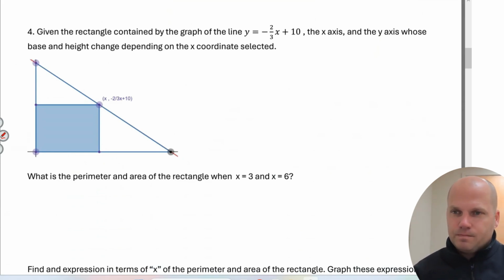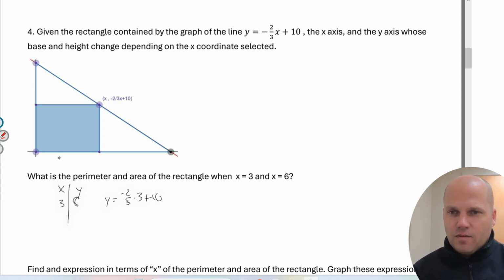This question. We have the rectangle that's created with this line. As x changes, the rectangle will change. When x is 3, let's figure out what y is. All right, so y equals negative 2/3 times 3 plus 10. So that's going to be 8.